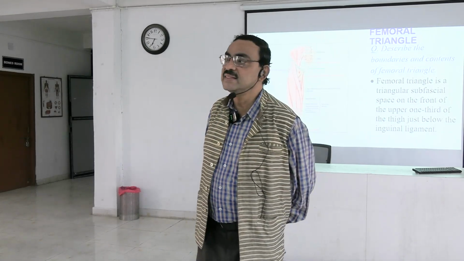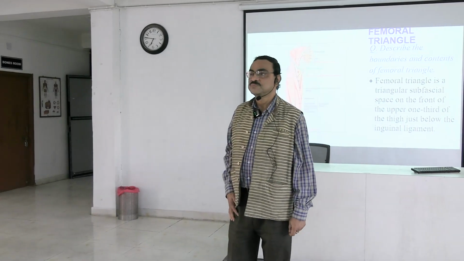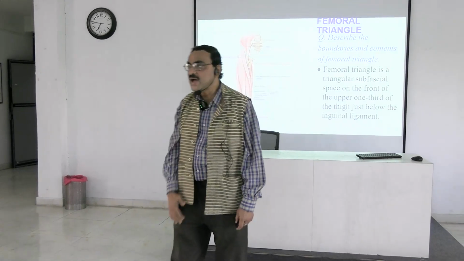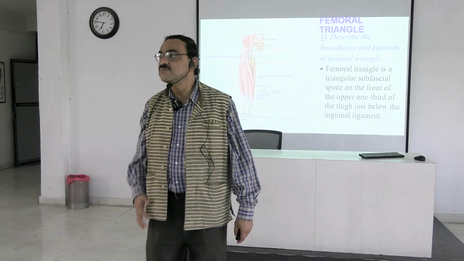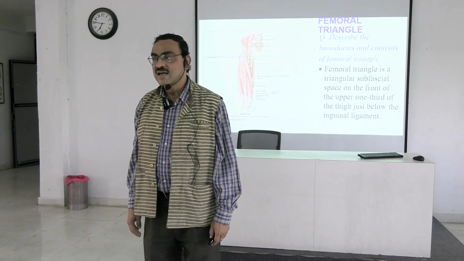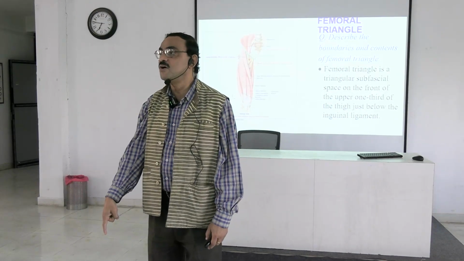And this triangle should have a roof. The roof is formed by skin, superficial fascia, and deep fascia. And if there is a roof, there should be a floor.